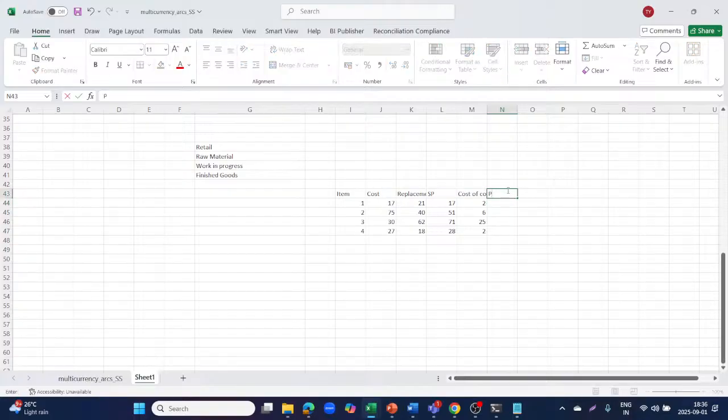Then here we will calculate the profit. In the first case it will be 5, then in the second case 15, then 21, and then 6.